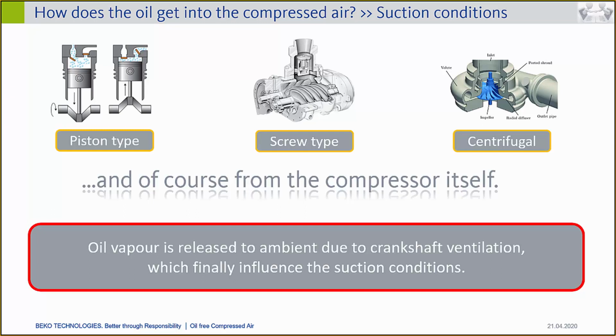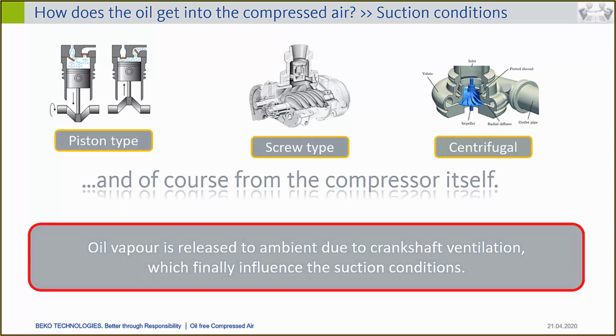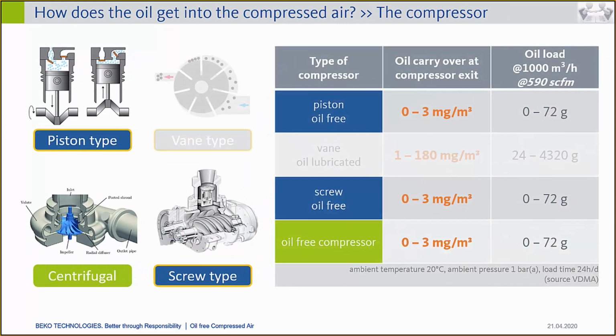So to come back to the table of the compressors, once we pick all the compressors in oil-free versions, except the vane type, we still have a certain amount of oil carryover into the system, just because the suction conditions are already polluted with some kind of oil vapor.